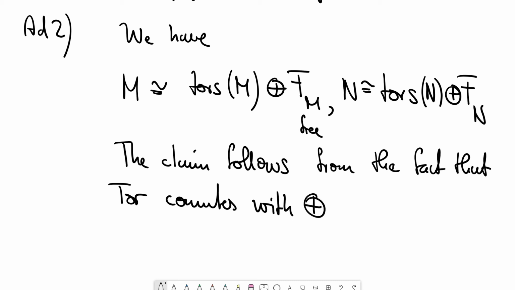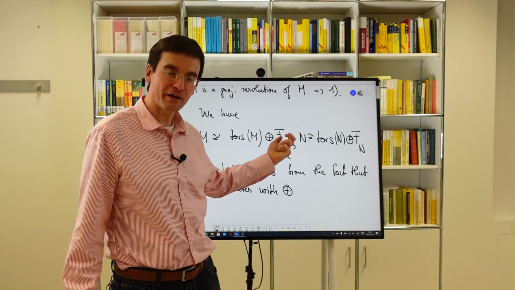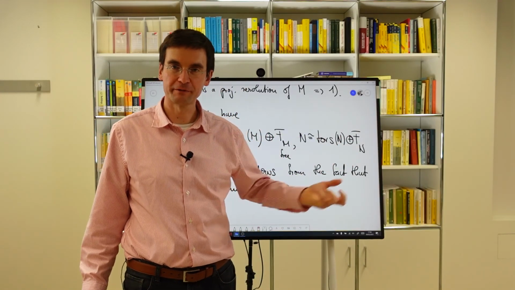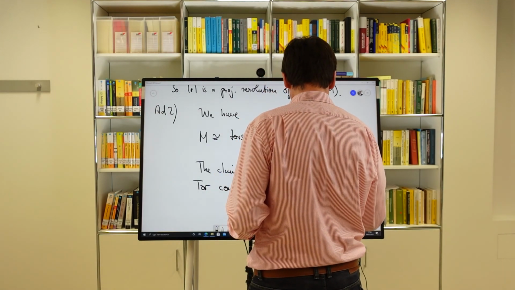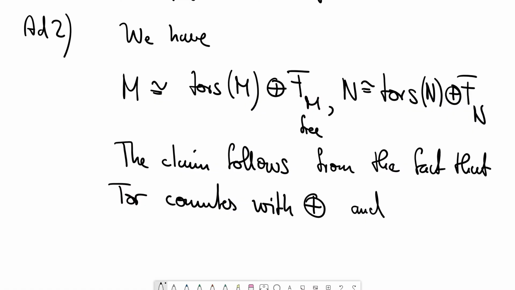And then you also want that somehow the free parts here don't contribute anything, they only contribute 0, but this is also correct. So it also follows from the fact that Tor vanishes for free modules.